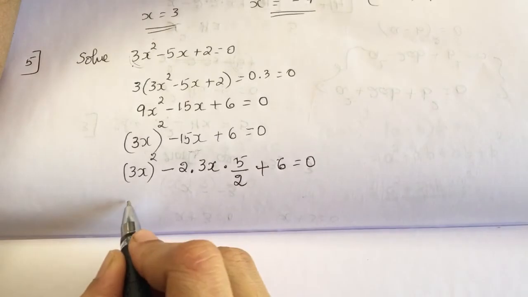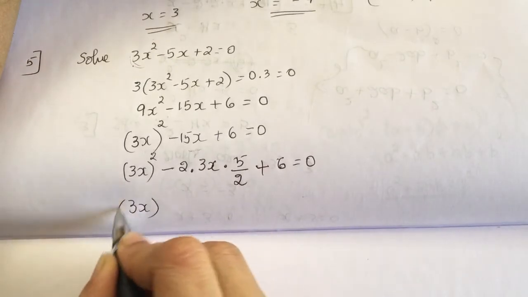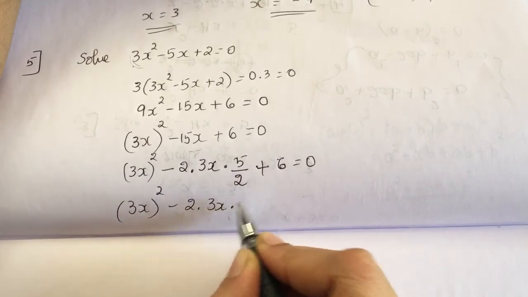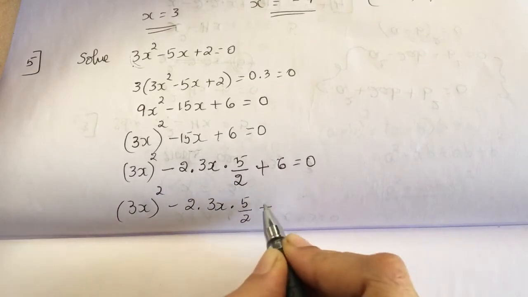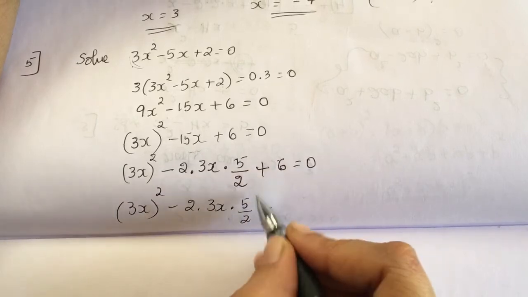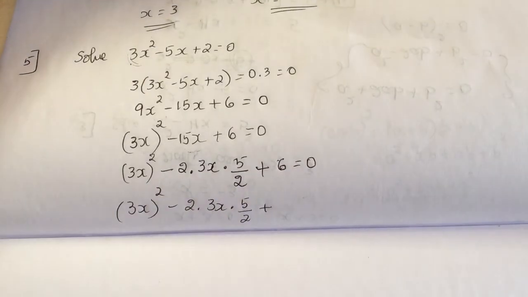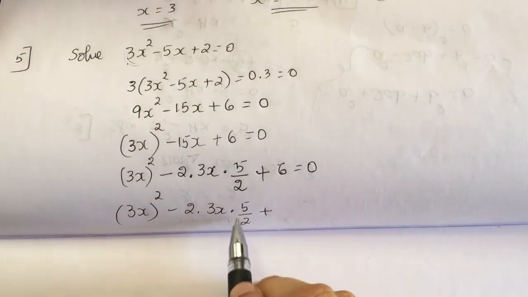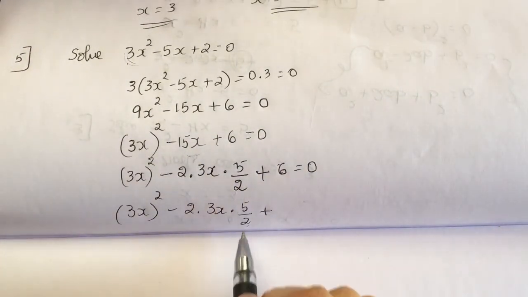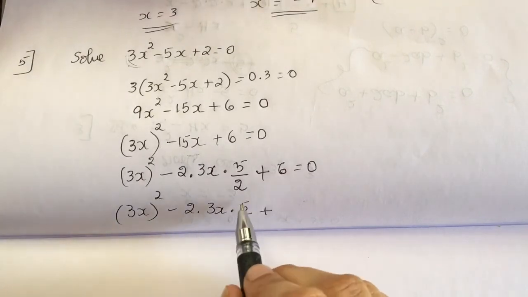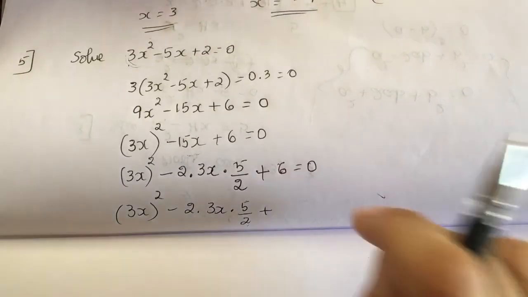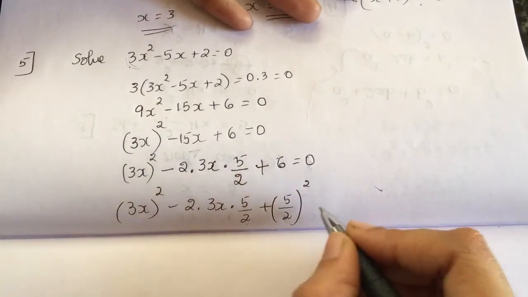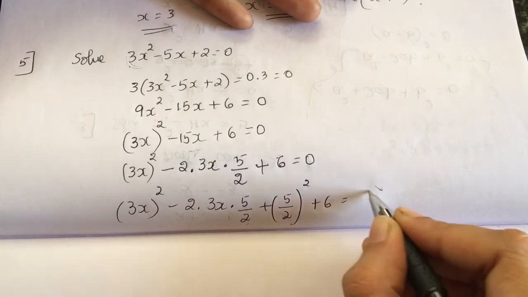Now this I'll rewrite 3x whole square minus 2ab. I need to write 6 in terms of square of this. It's quite difficult. So for that what I do is, this is, I'm assuming it as b, right? I'll just add b square to both the side. That's 5 by 2 whole square to both the side.